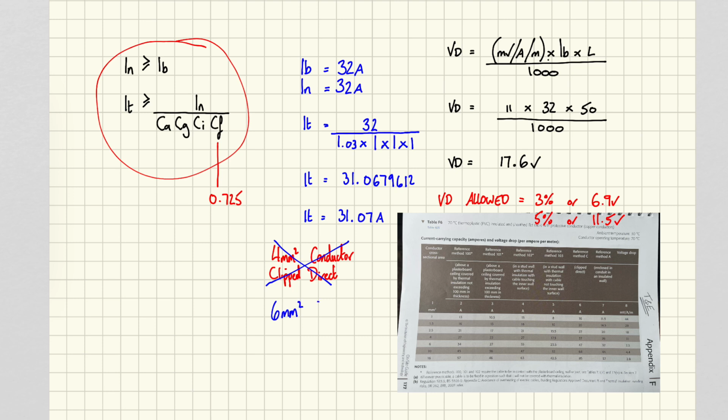So that's 6 mil CSA, cross-sectional area, twin and earth, and it would be reference method C. And that would be the correct cable for this circuit. So in order to have a 32 amp circuit that is 50 meters long with a reference method of C, clipped direct, it will have to be a 6 mil cross-sectional area cable if it's twin and earth.